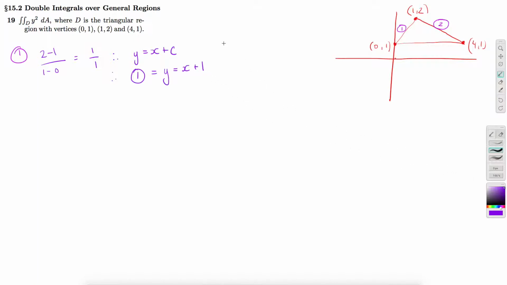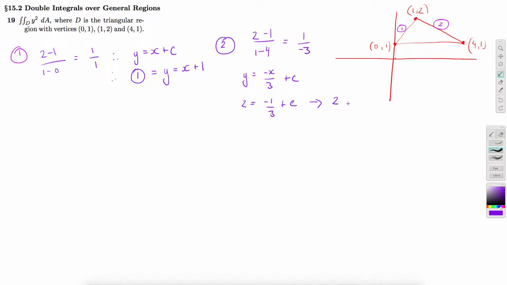Now let's solve our second equation. And our second equation is this line. So again, we go 2 minus 1 and 1 minus 4, and we get 1 over negative 3. So we get y equals negative x over 3 plus c. We put a point in. Let's put (1, 2) in. So we're going to get 2 equals negative 1 on 3 plus c.